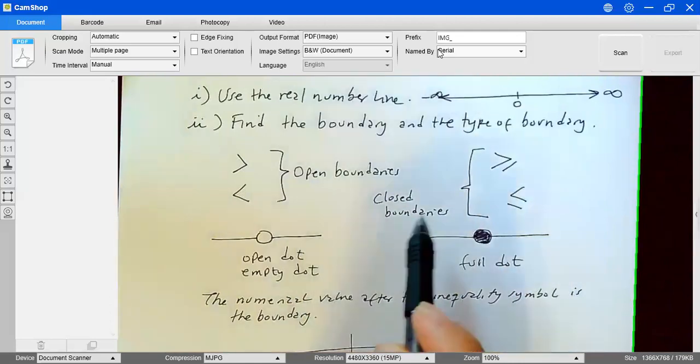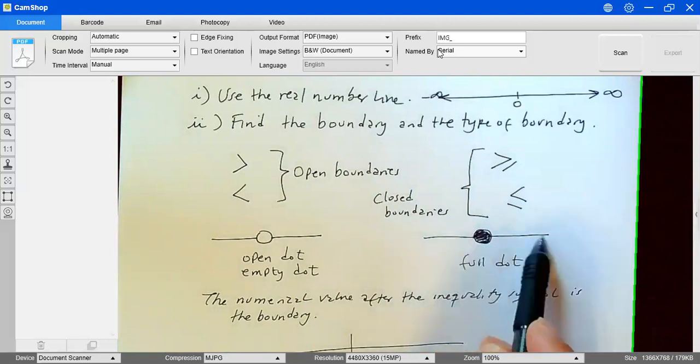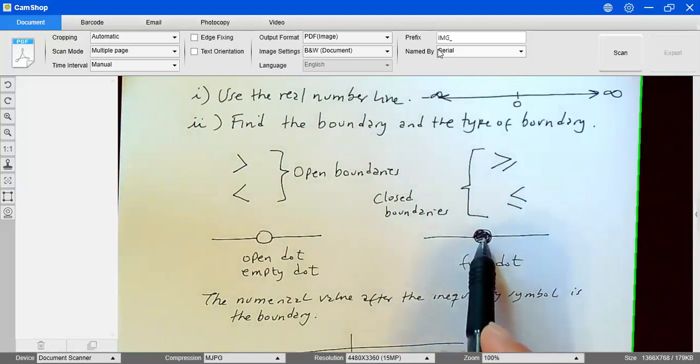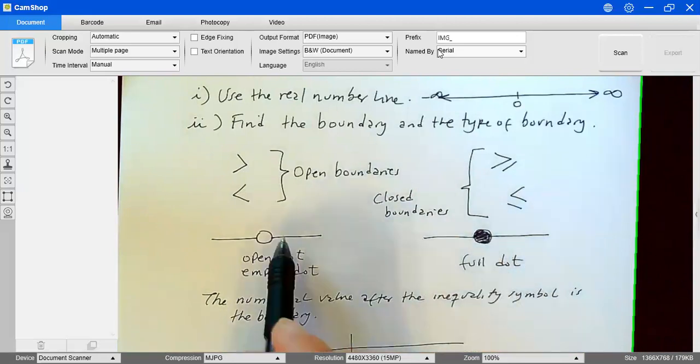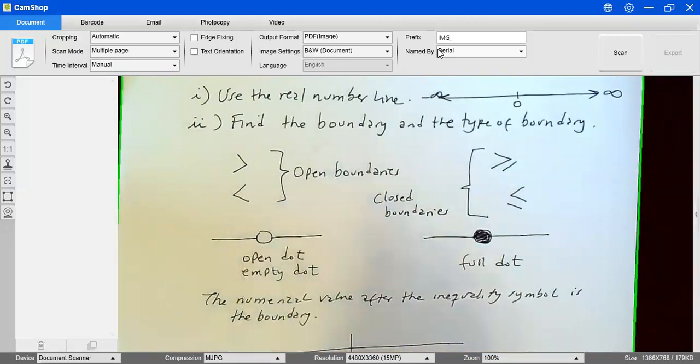When you have a closed boundary, you're going to use a full dot in your number line, and that means the boundary is part of the solution. When you have an open boundary, you're going to use an empty dot, and the meaning is that the boundary is not part of the solution.